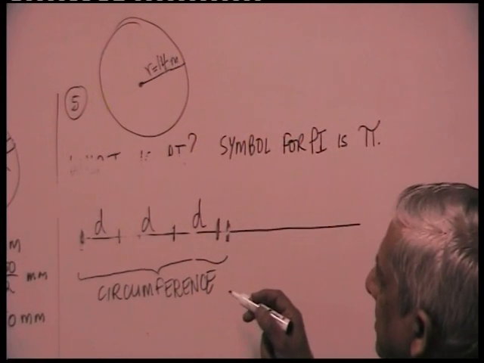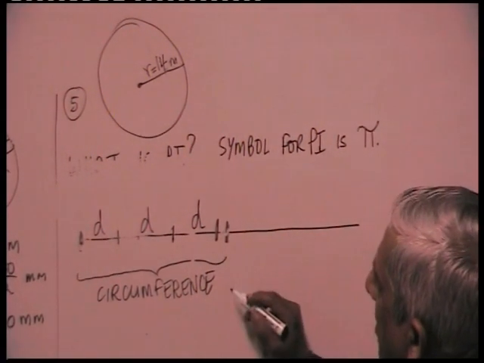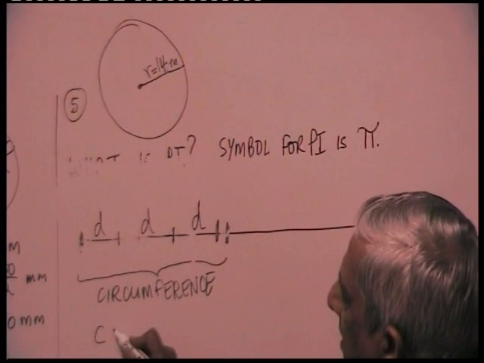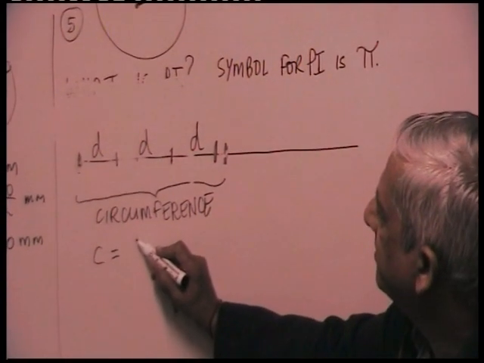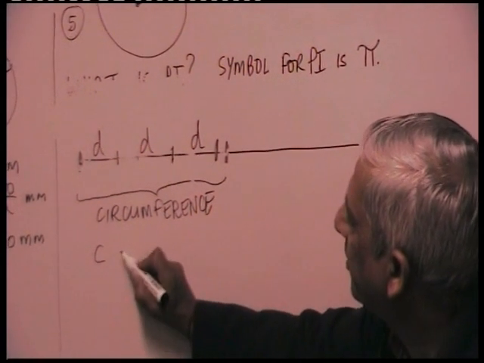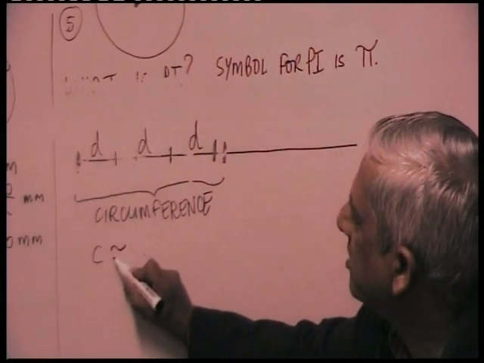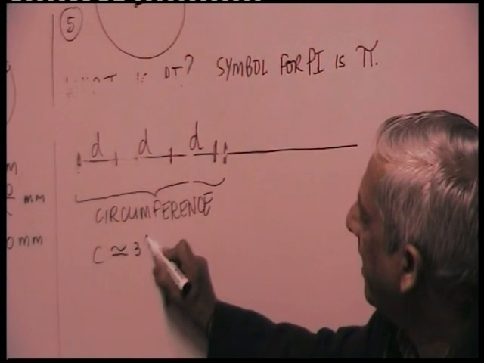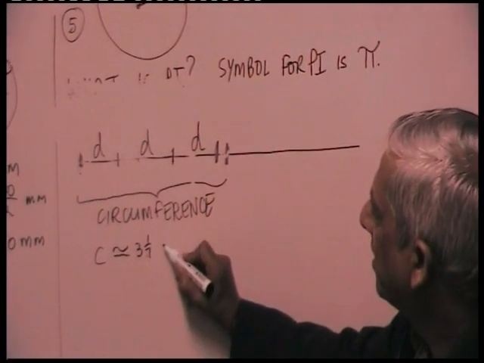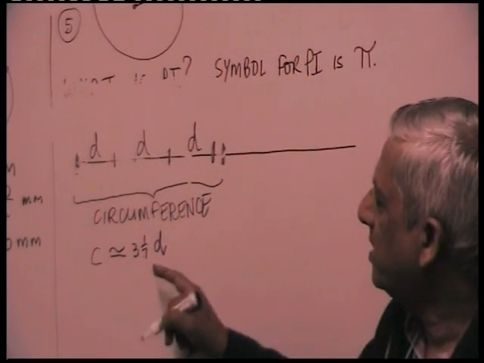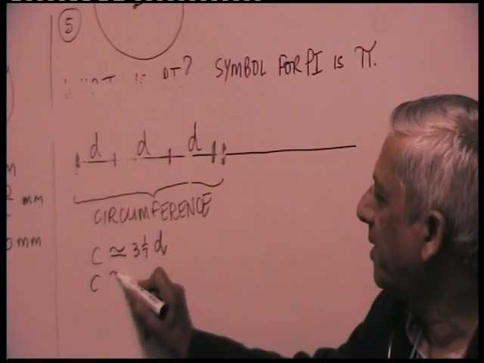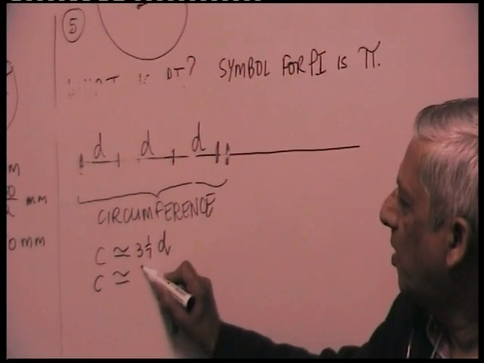So, the circumference of a circle is actually a little more than, I can't put equal to now, it's approximately 3 1/7 of a diameter. So this 3 1/7 is given a special name, and it's called pi.